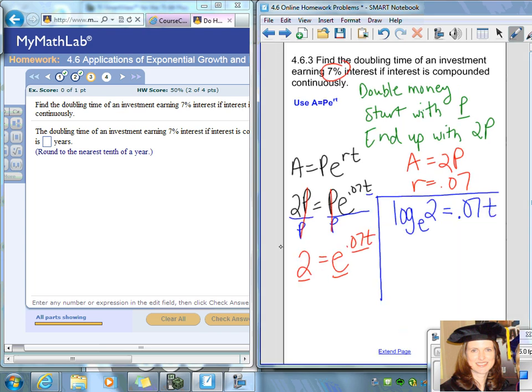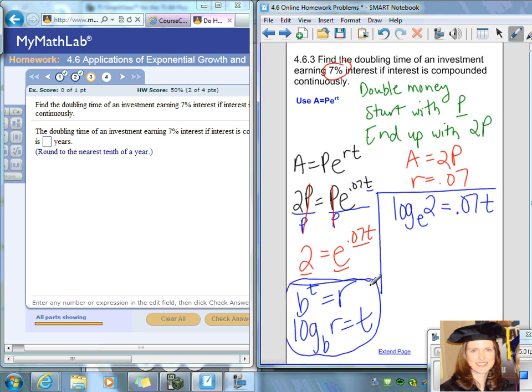We have an equation that's in the form of b to the t equals r. We convert it to log base b of r equals t. That's our most common conversion equation that we're using in this chapter. So that's what we need to simplify this equation.